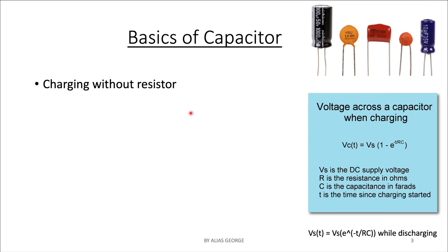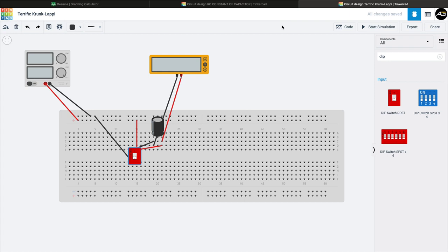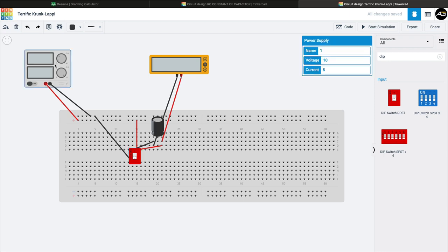In order to explain this, I will be using Tinkercad, so you can easily note what is happening here. Here I took a polarized capacitor, a power supply of 10 volts, a multimeter for voltage reading, and a DPDT switch.